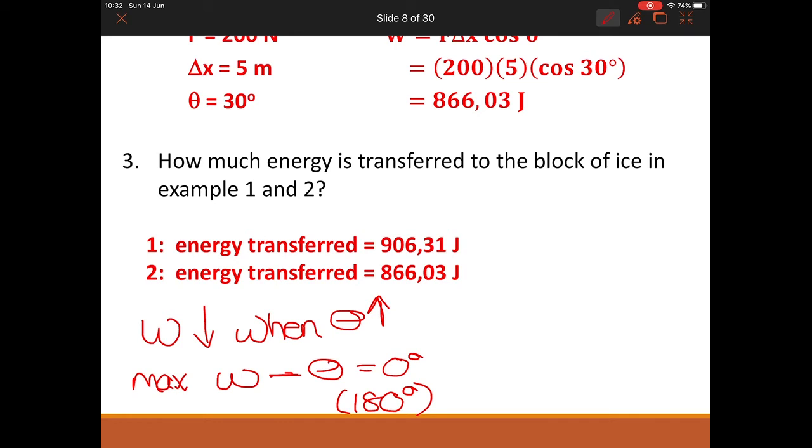Minimum work is when theta equals 90 degrees. And we want to try to work with a theta that's either between 0 and 90 or at 180. We don't want to work with anything in between that, okay?